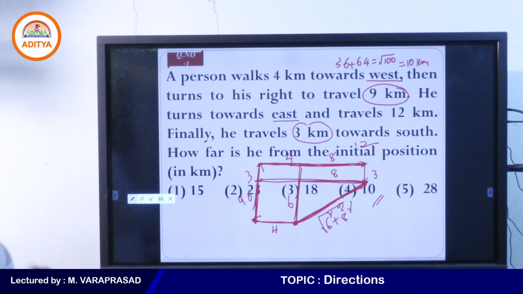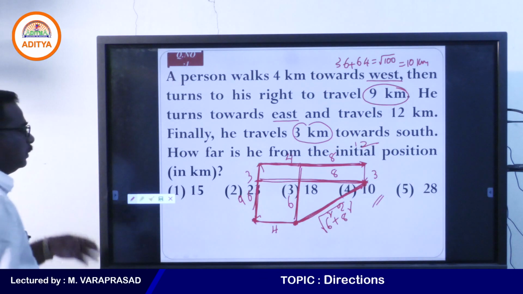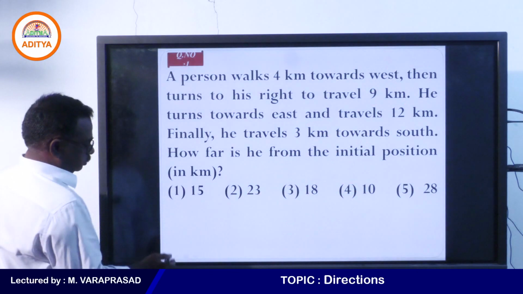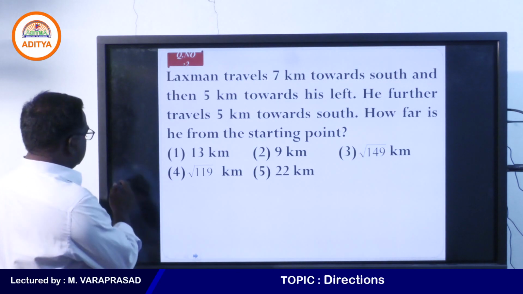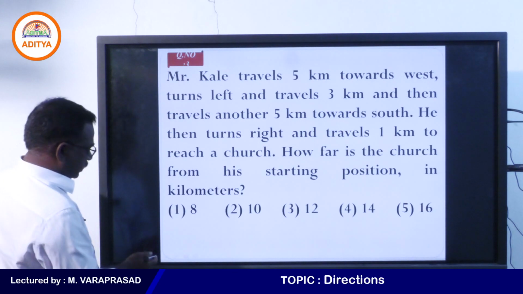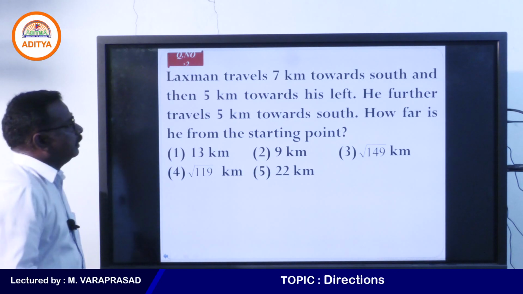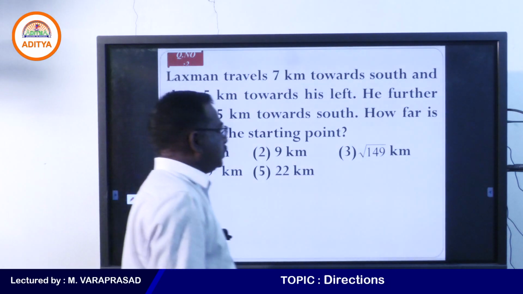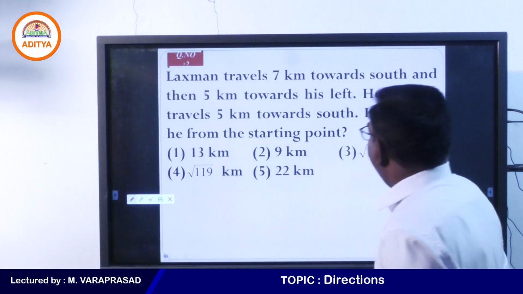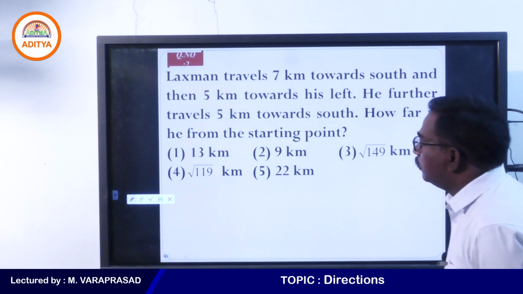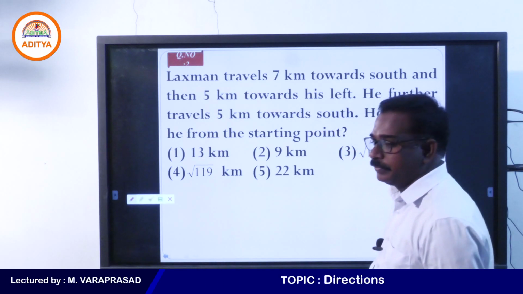Yes, my student said one more question. See the next question, what is given there. Lakshman travels 7 kilometers towards south and then 5 kilometers towards his left.